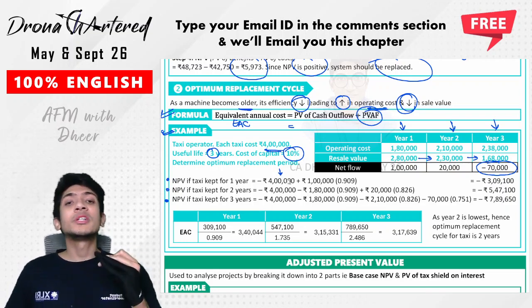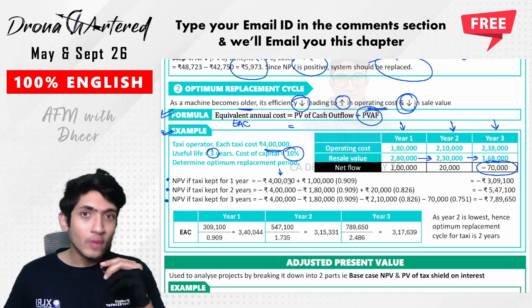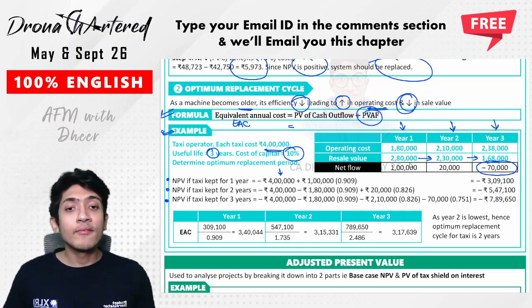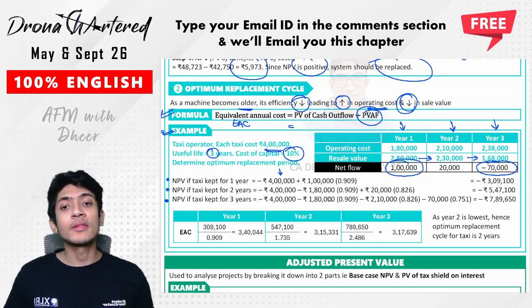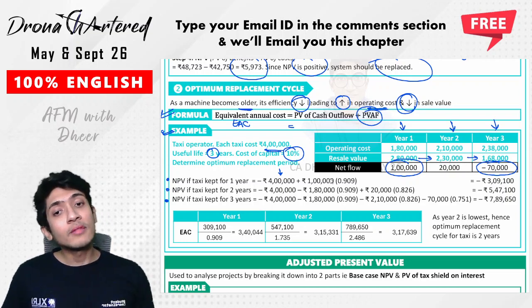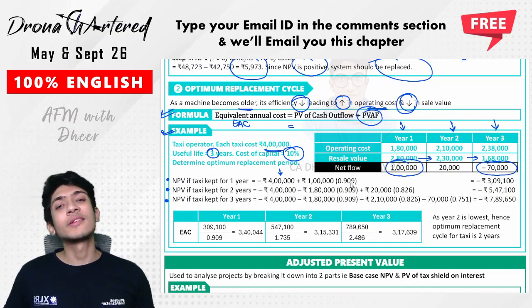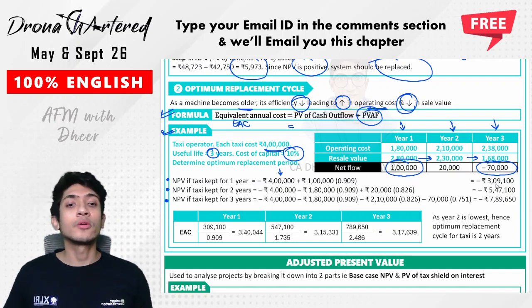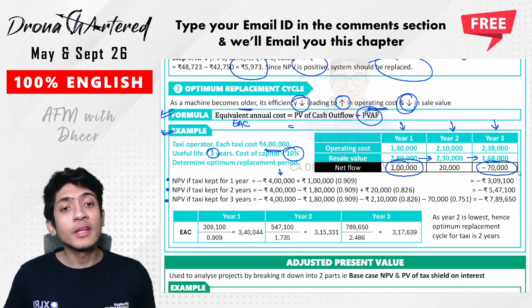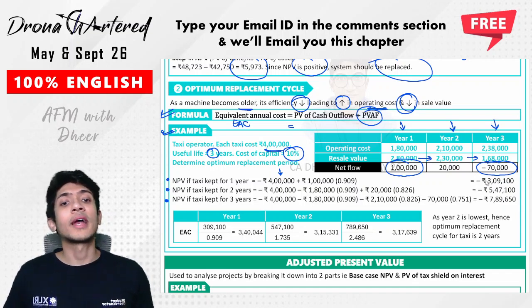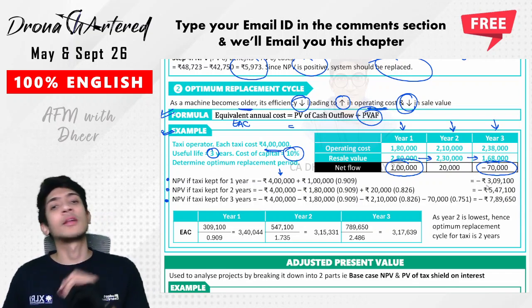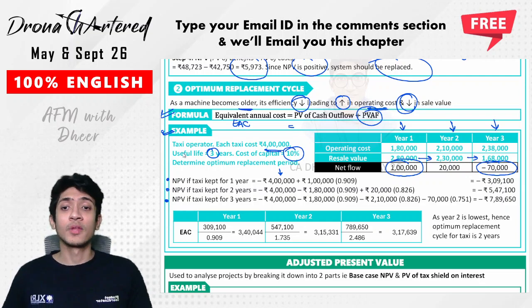If we are using the taxi only for 1 year, we will have a net flow of 1 lakh rupees. Is that correct or not? But this 1 lakh would be at the end of 1 year. So we'll be discounting it by the first year discounting rate, that is 0.909, which gives us a negative cash flow of 3,09,100. I hope this is clear.